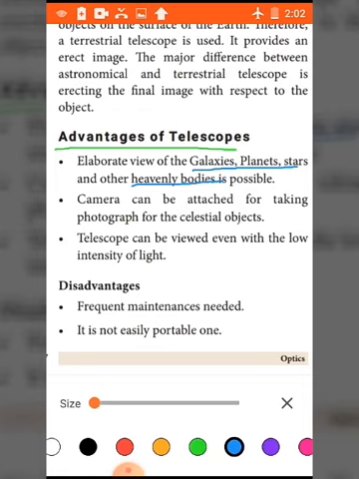The third point, the telescope can be used even with low intensity of light. Low intensity of light means with minimum light energy, the telescope can take the photograph clearly.